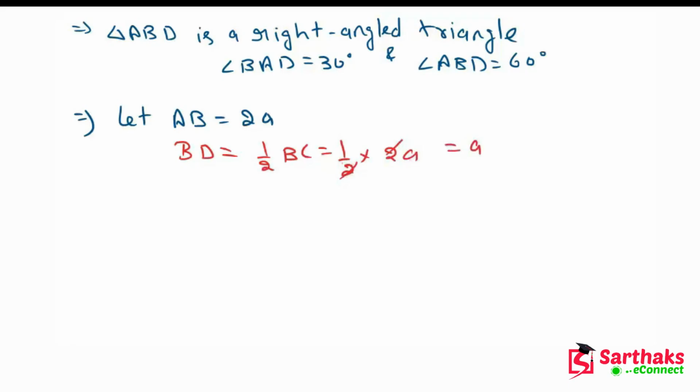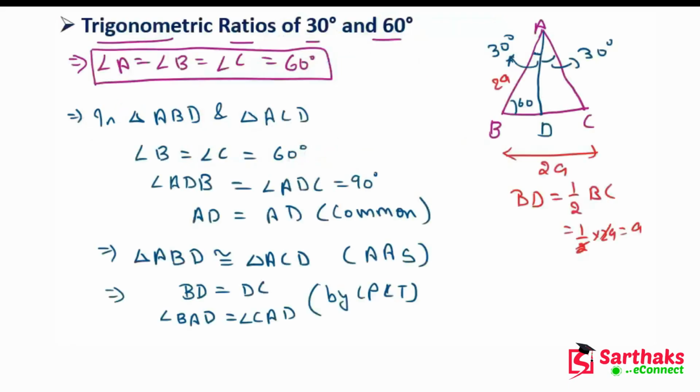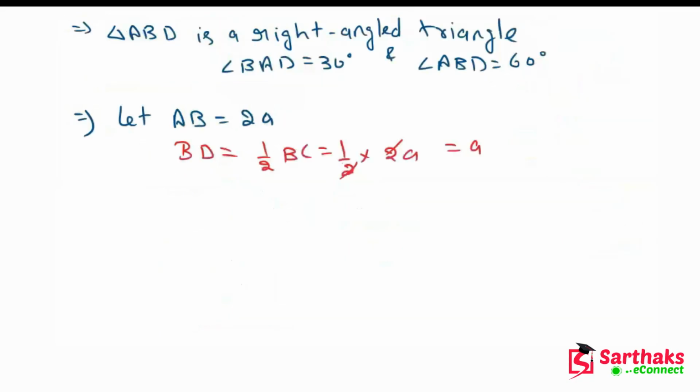Okay. So now if we observe this triangle, we have hypotenuse AB and base BD, but we don't have AD, means perpendicular. So now we have to find the perpendicular AD.